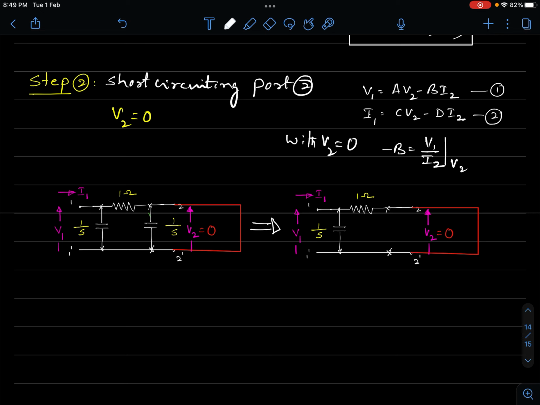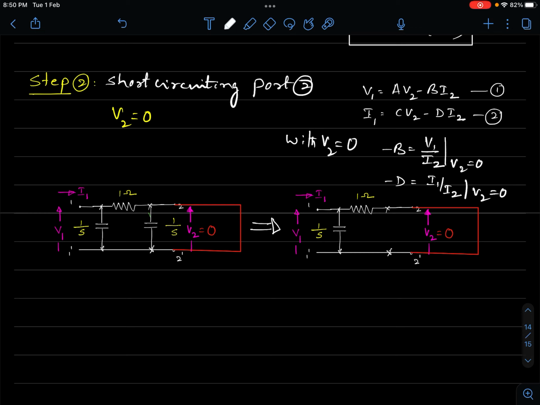This I am able to obtain with V2 equal to 0. This is from equation 1. From the other equation, I can write what is minus D. Minus D equal to I1 by I2. Again, this is obtained with the condition V2 equal to 0.